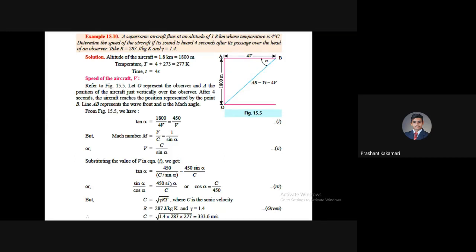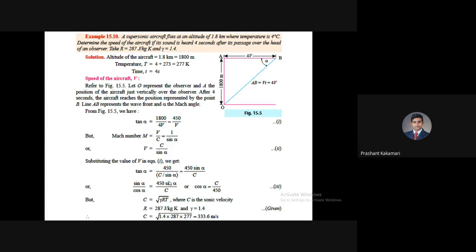Now next we need to find out the speed of the aircraft. For the speed of the aircraft, if I know the Mach number, I can relate the velocity of the body, that is V by C. But here the Mach number is not given, they are simply telling supersonic aircraft. We don't know the Mach number.